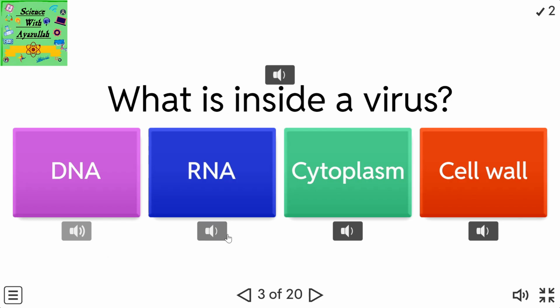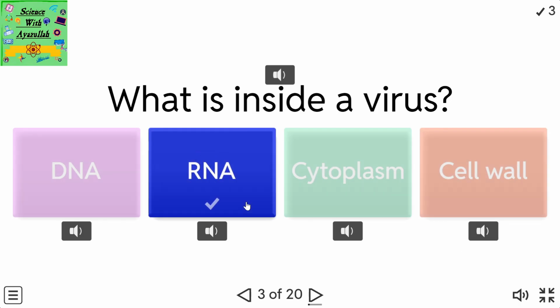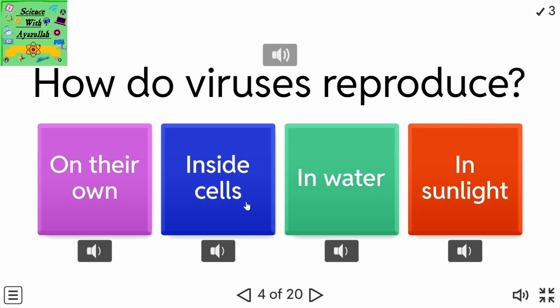DNA. RNA. Cytoplasm. Cell wall. How do viruses reproduce? On their own. Inside cells. In water. In sunlight.